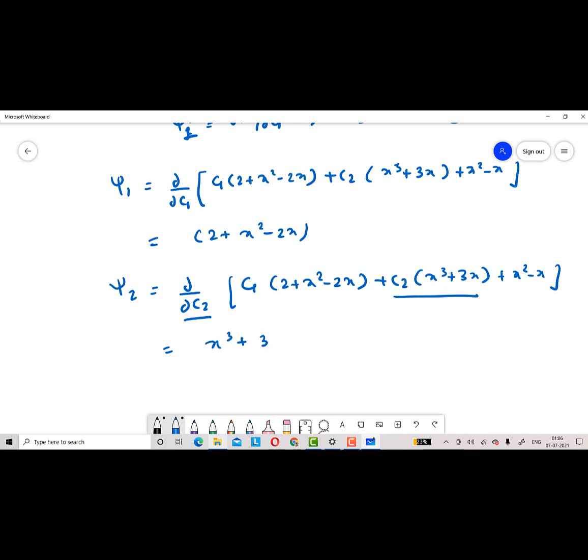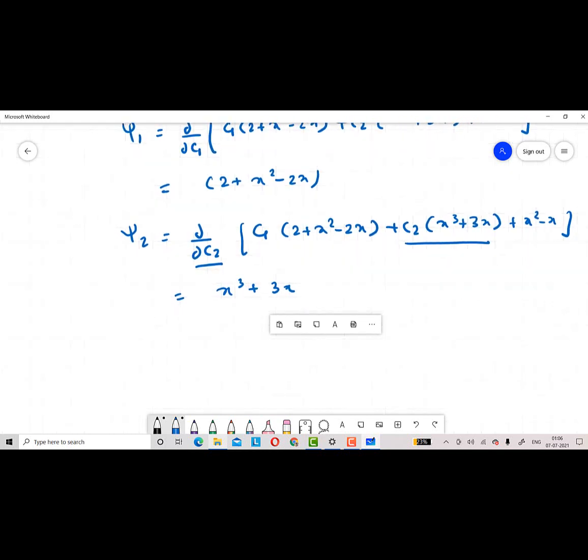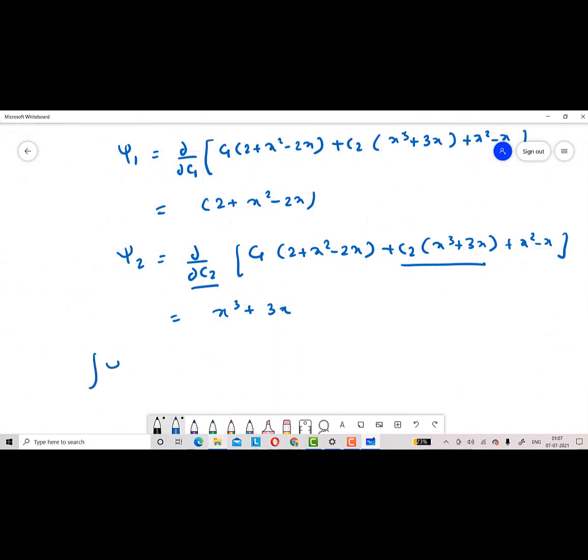In your examination, you can do it directly as I'm solving it here, so that you will not have any confusion. Then we will use this equation for finding C1 and C2.